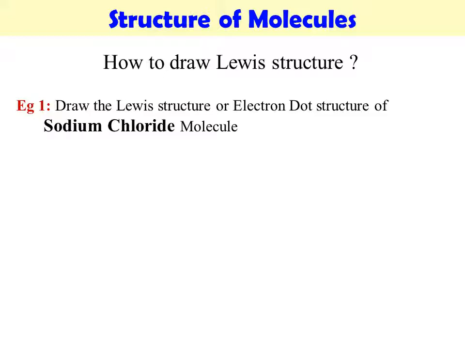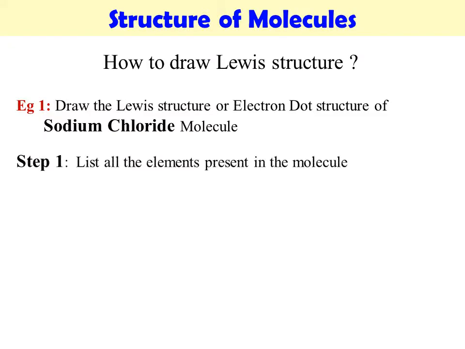Now, the first step when we draw a Lewis structure or electron dot structure is to list all the elements present in the molecule. What are the elements present? Sodium and chlorine, these 2 elements are present.